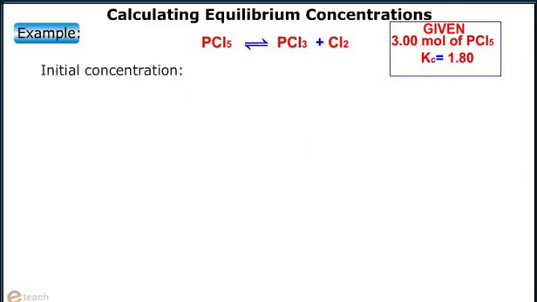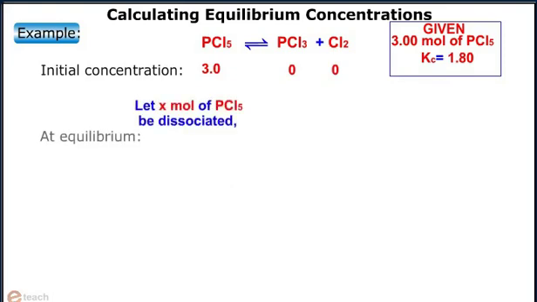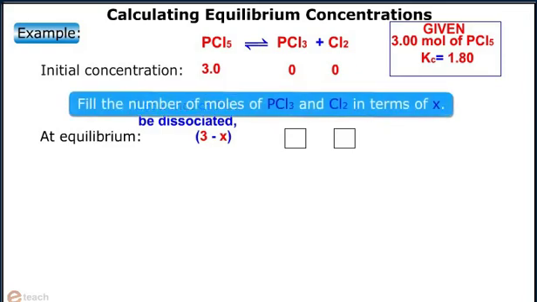Since the initial concentration of PCl5 is 3 and that of PCl3 and Cl2 is 0, let x mole of PCl5 be dissociated. So, at equilibrium, the concentration of PCl5 equals 3 minus x. Fill the number of moles of PCl3 and Cl2 in terms of x.